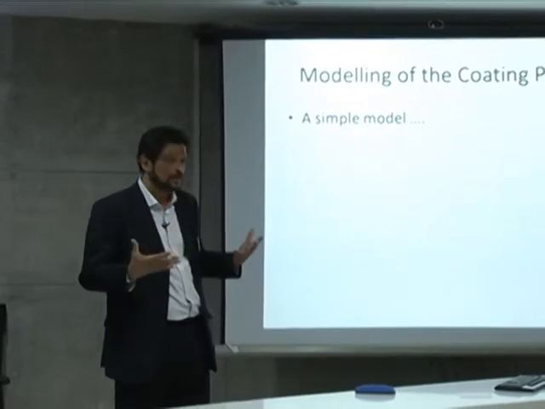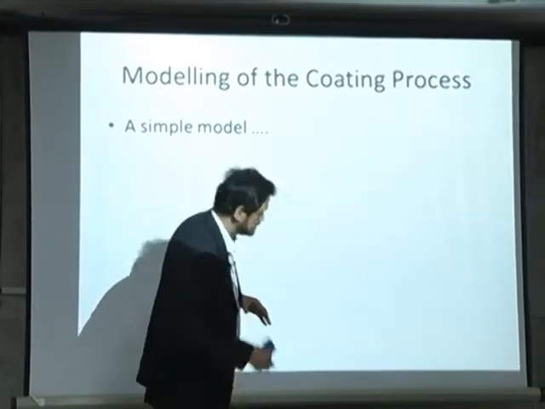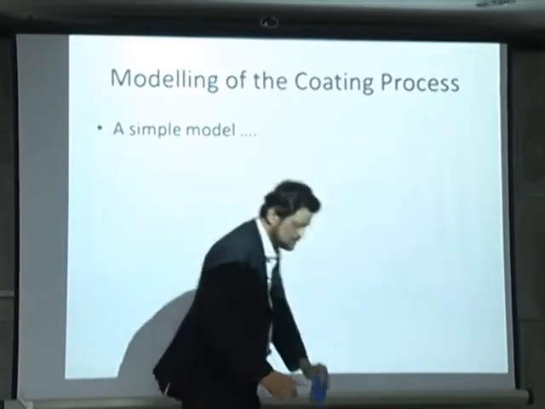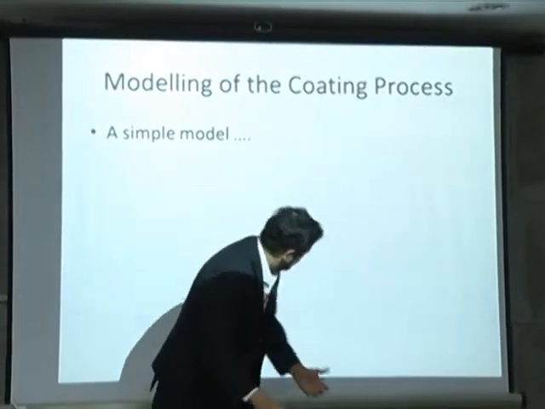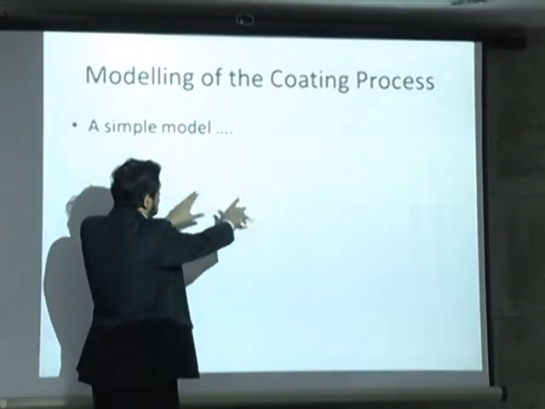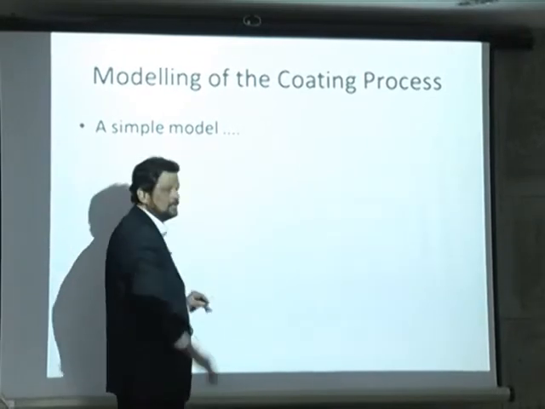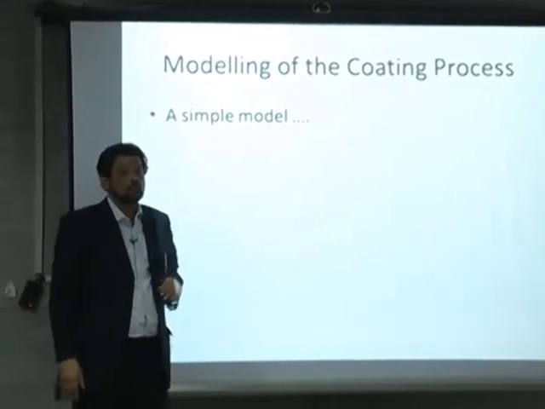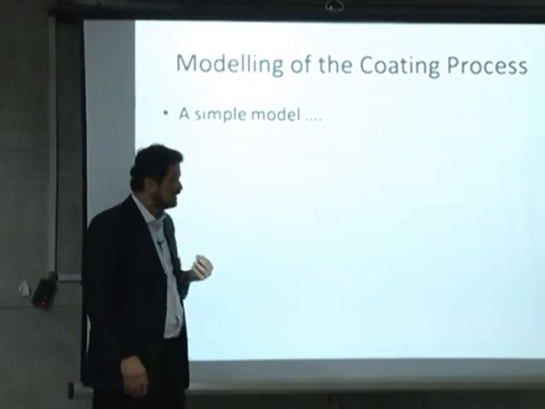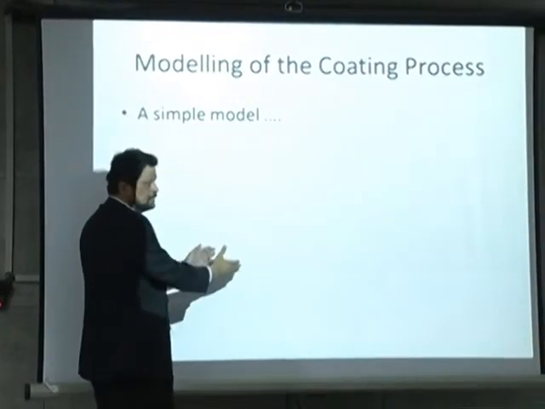How does this coating work? Imagine I have a surface like this, kind of a long surface. At the bottom, I evaporate, and this evaporated material is depositing on the surface. What you can expect is that exactly above the rod, there will be maximum deposition.